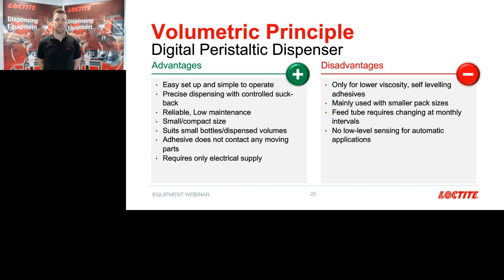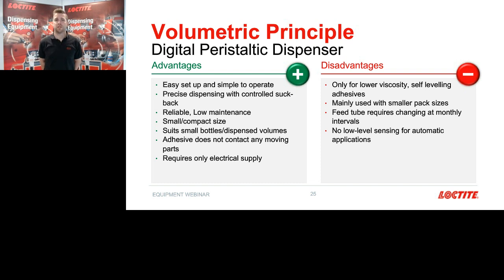The important point to mention here with this unit is that the adhesive at no point comes in contact with any of the moving parts. So the adhesive is either inside the original container, or it's then inside the product tube, or inside of the pen and the nozzle. So it doesn't contact anything, and there's nothing to clean. And it requires only electricity, as I've mentioned.